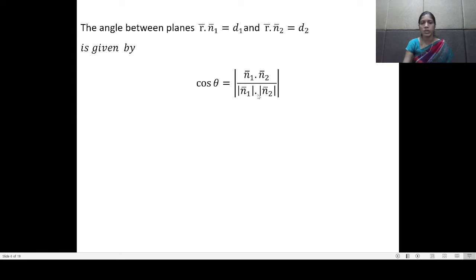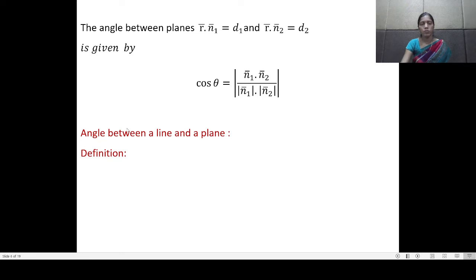So for finding the angle between two given planes in vector form, we use this formula: cos theta is equal to magnitude of n1 bar dot n2 bar divided by magnitude of n1 bar times magnitude of n2 bar.